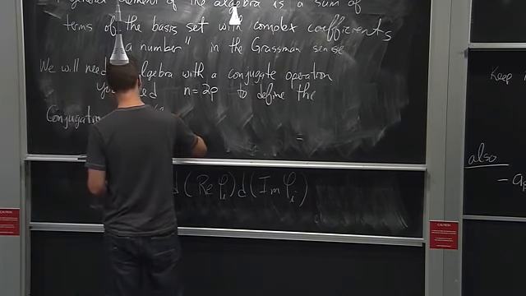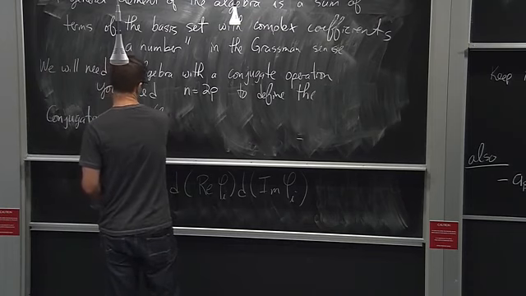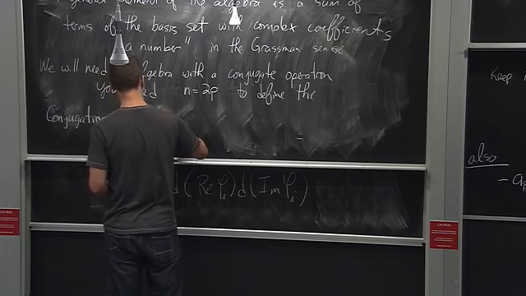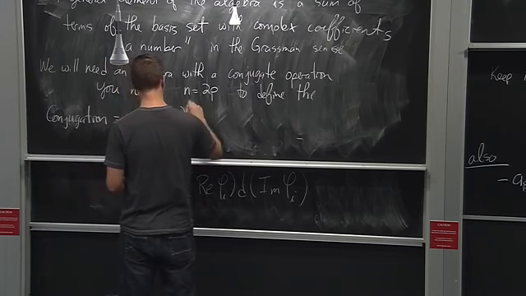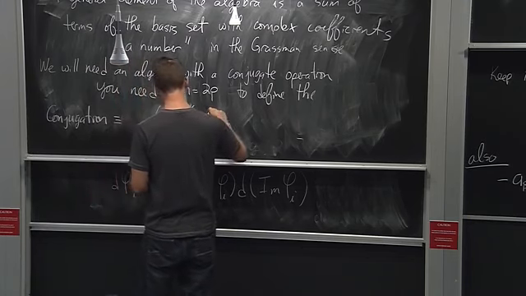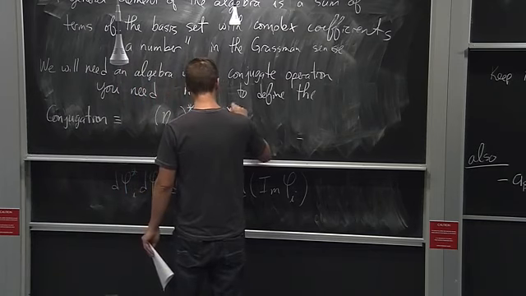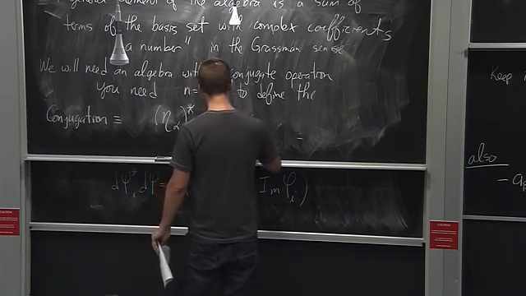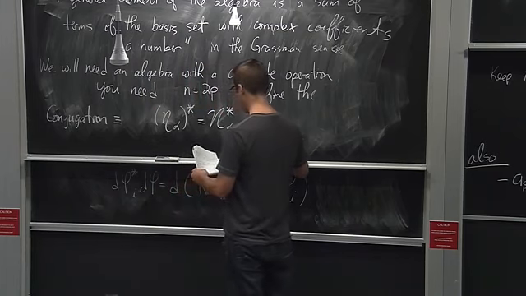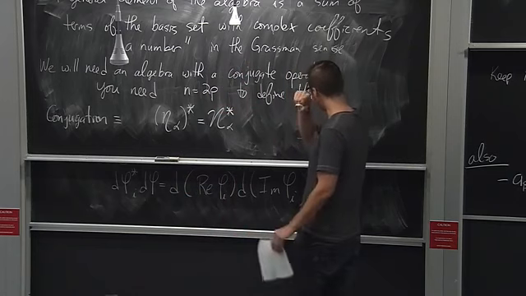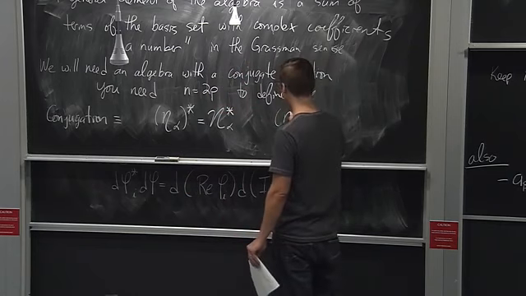So if I have an element of this, if I have a generator, and I do the conjugate operation, it defines this number, which in some books you'll see in the Grassmann algebra as just a bar.